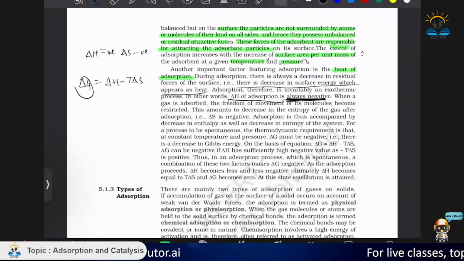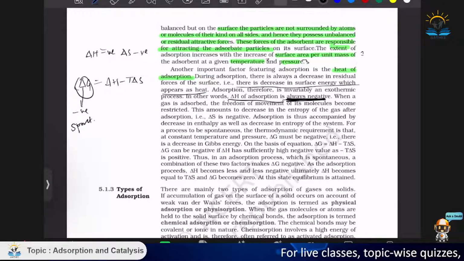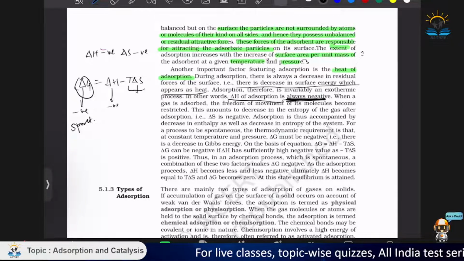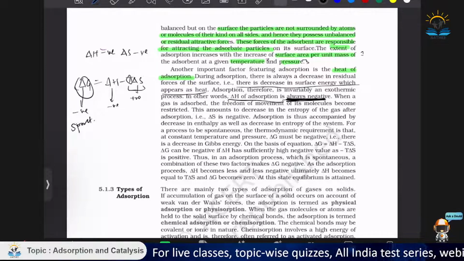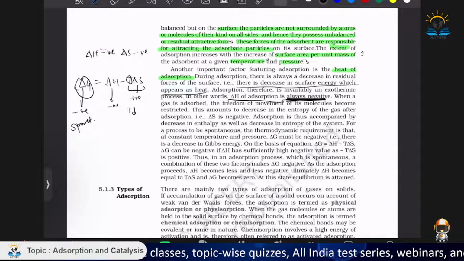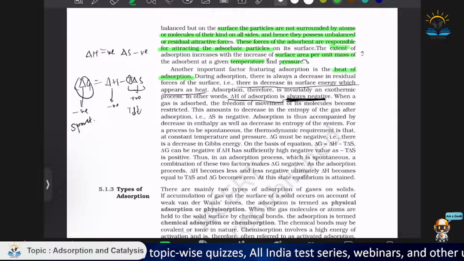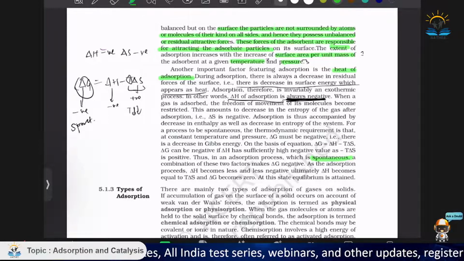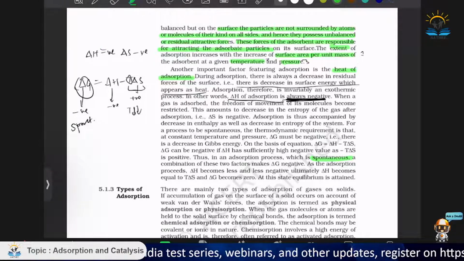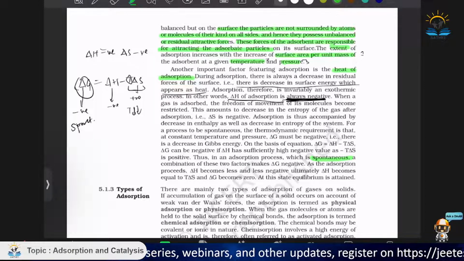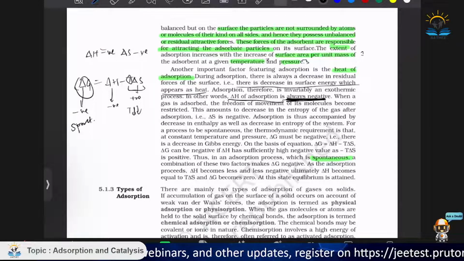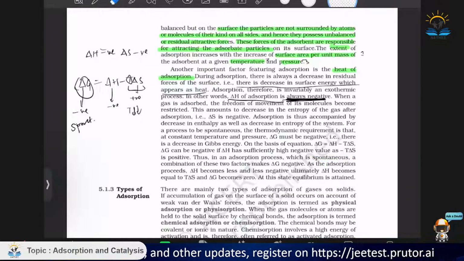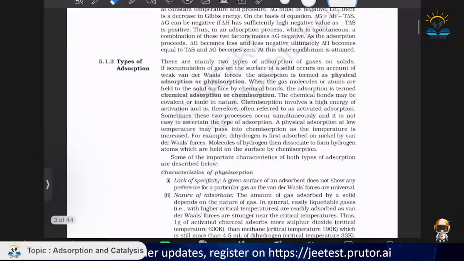So how to make this delta G negative? Because if delta G is negative, then it is spontaneous, and we know adsorption is spontaneous. The negative delta S term, multiplied by minus T, turns into positive, so T has to be very, very low. Thus, for spontaneous adsorption you need a low temperature, and adsorption is inversely proportional to temperature, right? Then there are types of adsorption.